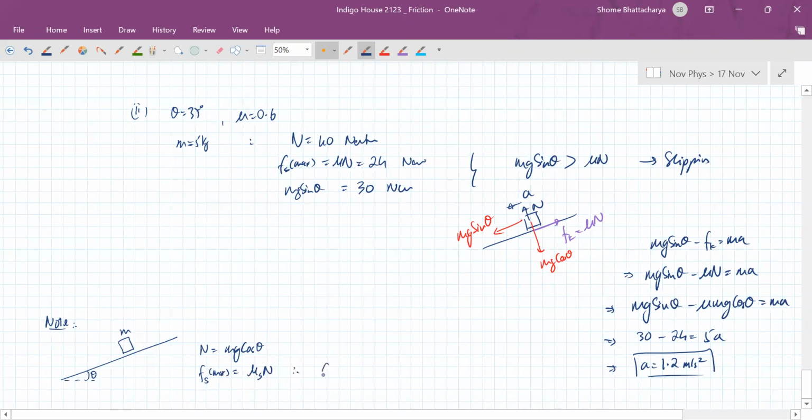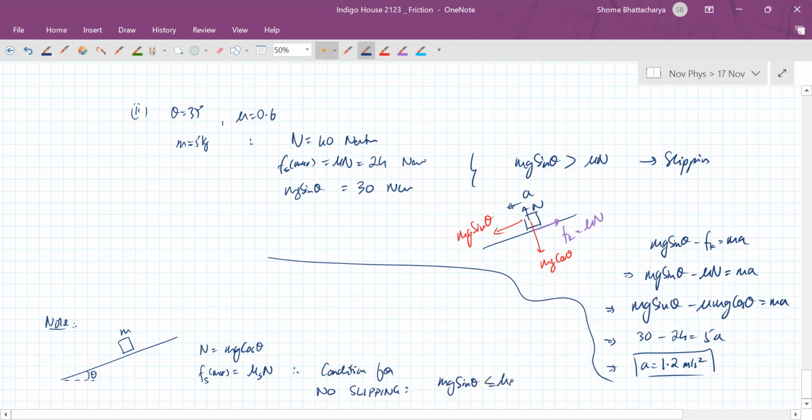So the condition for no slipping is that mg sin theta should be less than or equal to mu s into n.